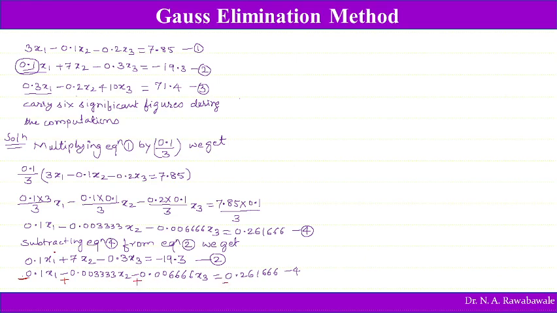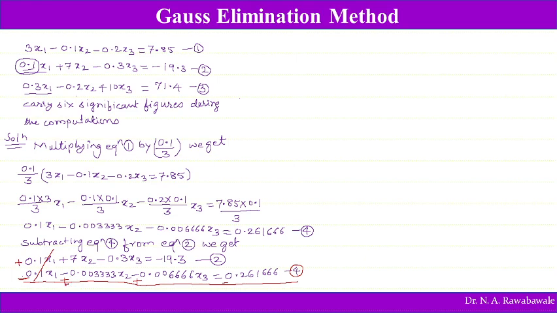On simplification, if we subtract equation number 4 from equation number 2, we get here, this first term gets cancelled because this is positive and this is negative.